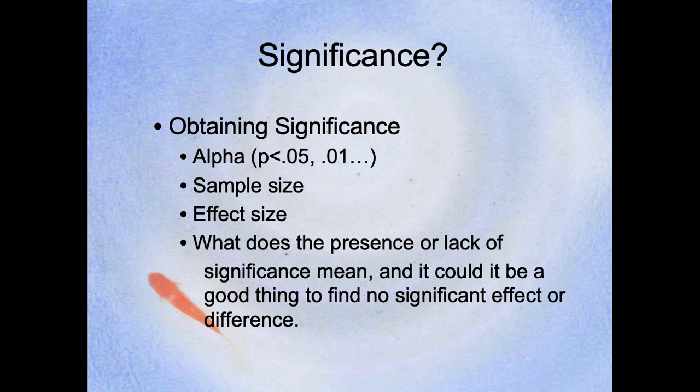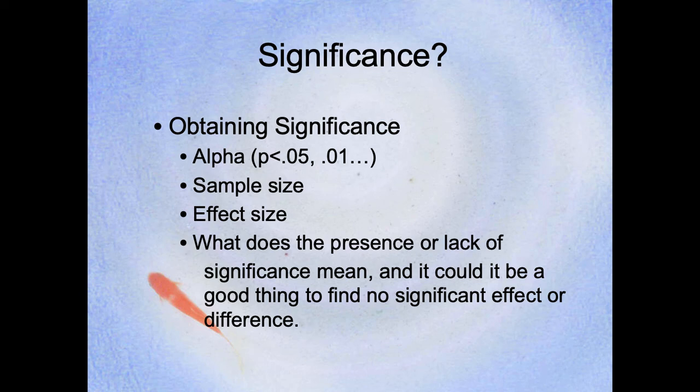Any correlation is basically a representation of the effect size of those two variables affecting each other, right? So if you look at the correlation between anxiety and performance or whatever, the correlation between anxiety and performance is an index of that effect size. So that will dictate how significant your result is, right?